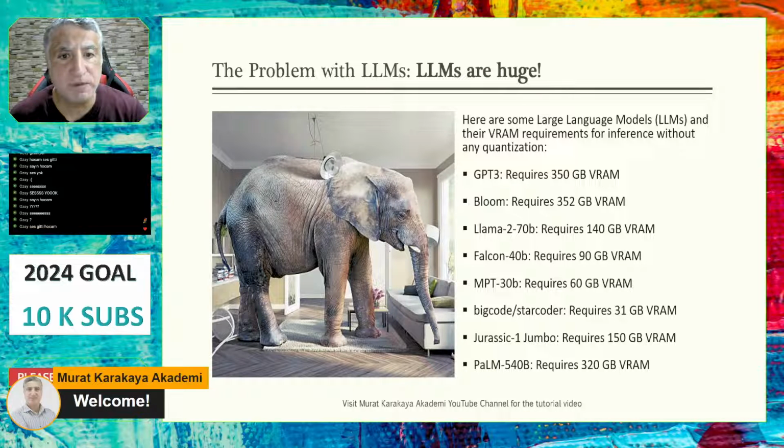For example, the RTX 4090 has only 24 gigabytes of RAM, and this is one of the most powerful GPUs for end users. So most of the open LLMs cannot fit into that GPU just for inference. I'm not talking about training or fine-tuning.